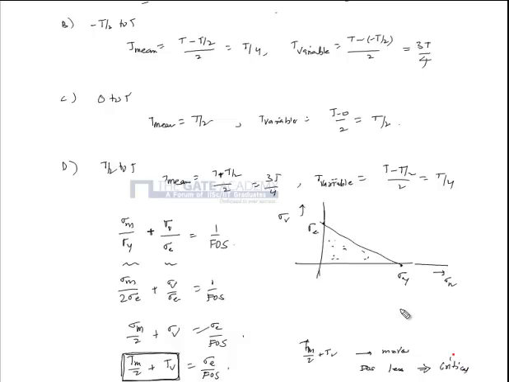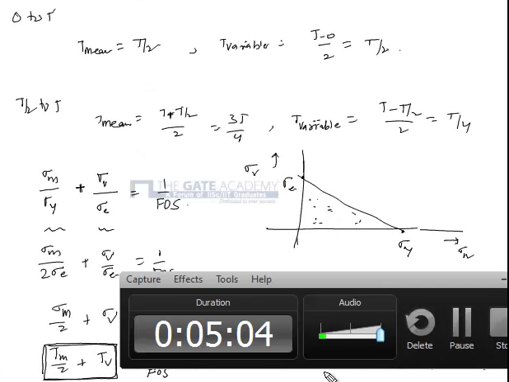So let's first find the quantity T mean by 2 plus Tv in all 4 cases.